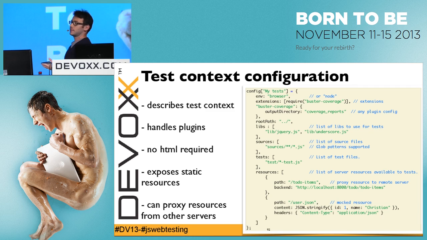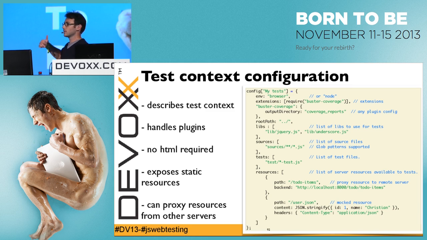Like Karma, there is a very heavy configuration file where you can do pretty much everything. You define extensions. You have to define your JavaScript source, your JavaScript test source. You can expose static resources. You can proxify resources from other servers.